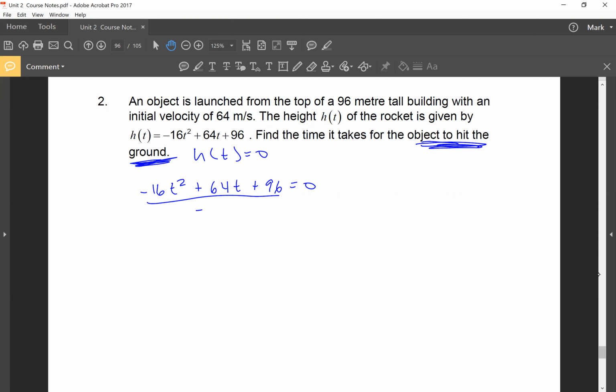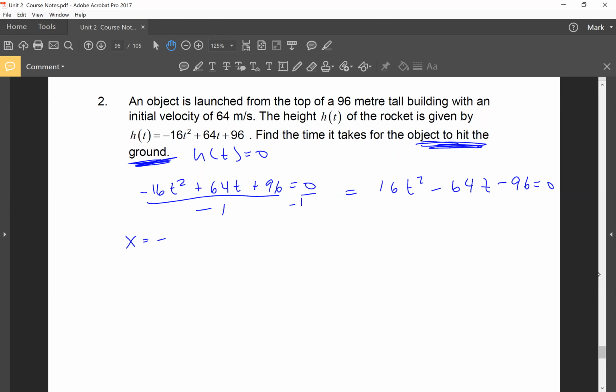I'm going to divide everything by -1. You don't need to do this, but it's just the math way. You do not need to do the dividing by -1 step, but I am, because I'm a math teacher. Okay, quadratic formula time.